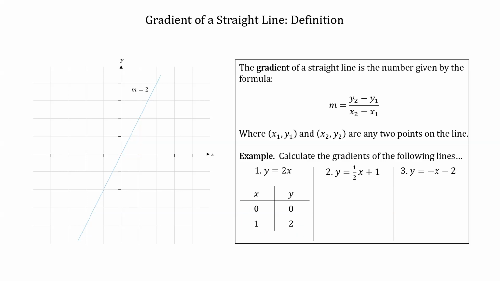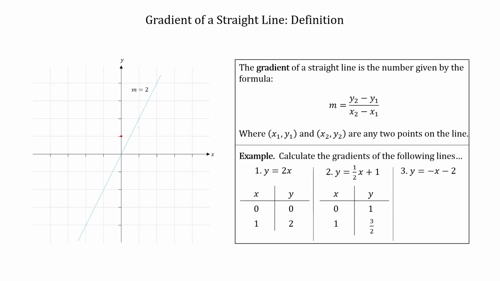Let's try example 2 now. We'll once again plot 2 points that lie on the line. If I plug in x equals 0, I get a half times 0, which is 0, plus 1. So I get 1. So (0, 1) is this red dot here on my axis. Then I plug in x equals 1, and I get 1 times a half, which is a half, plus 1, which is 1.5 or 3 over 2.